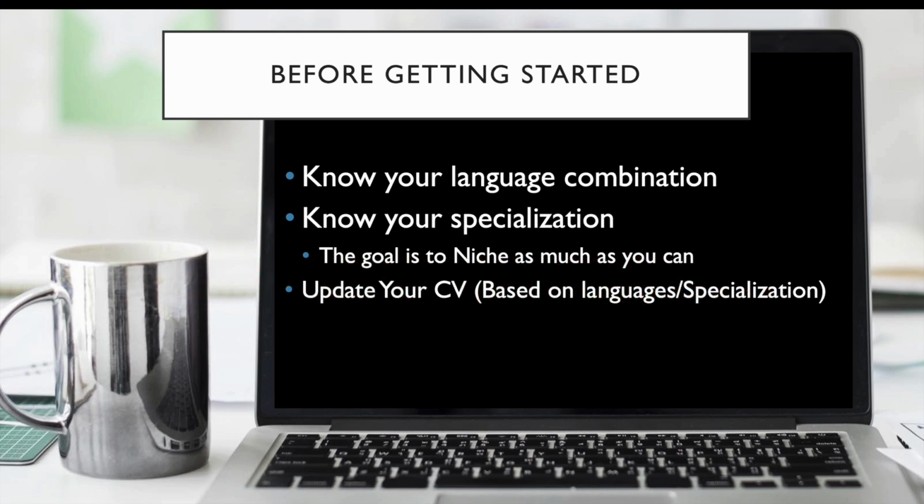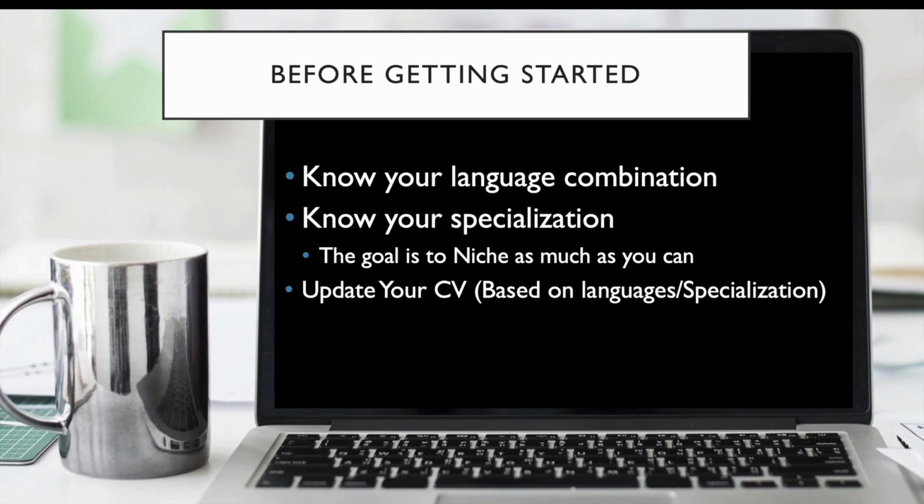So the next thing you should do is update your CV based on your language specializations. Now, did I get more into detail here? No. Okay. Every single line of your CV should be regarding either your languages or your specializations, or both. A lot of people worry about having a gap in their resume. You do not need to worry about that. As a freelancer, you don't need to worry about gaps in your resume.